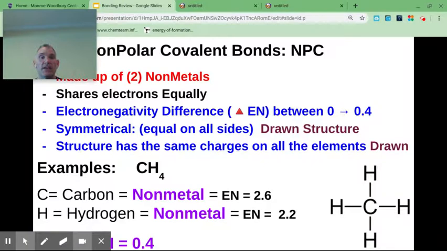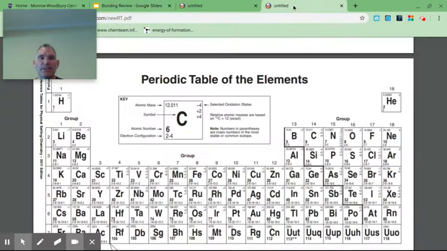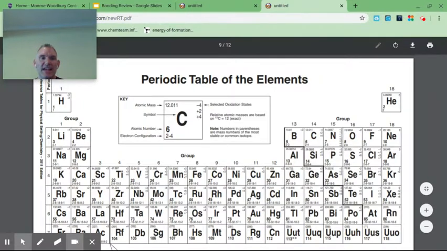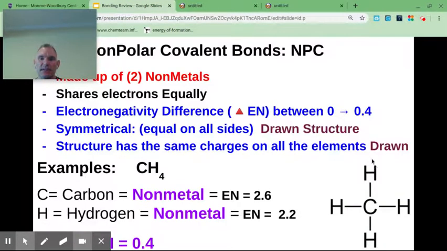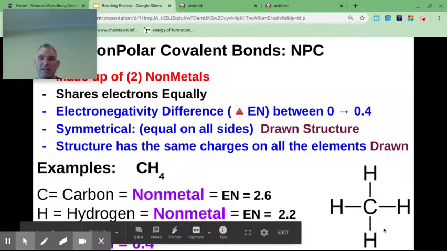Now, charges. If I go to my periodic table, remember H has a charge of +1 or -1 in some cases. But when I go back to my example, it would be a plus, a plus, a plus, and a plus. They're all the same. If I wanted to use the negative charge, it would be negative, negative, negative, negative.